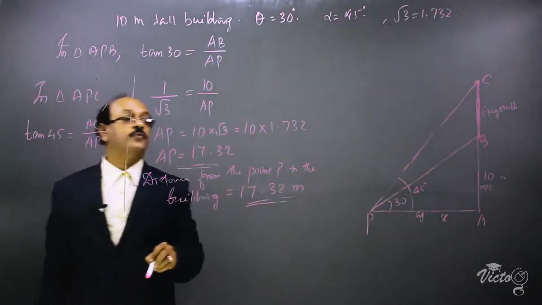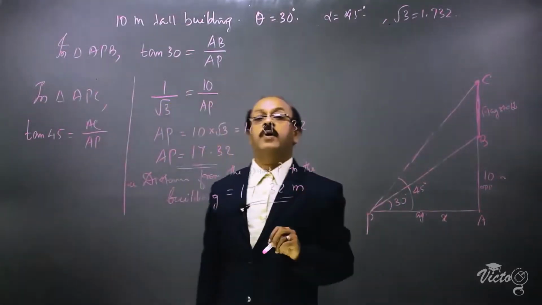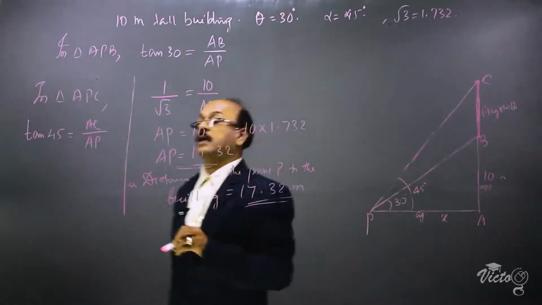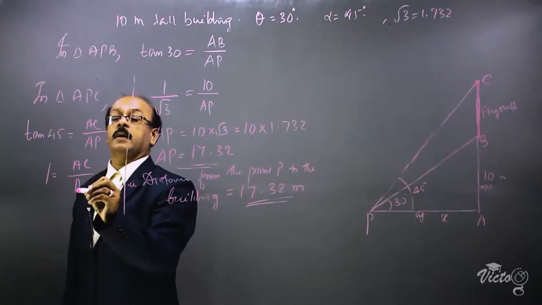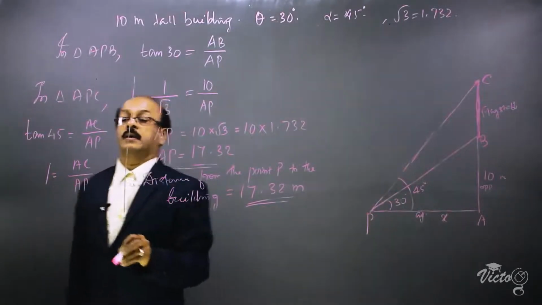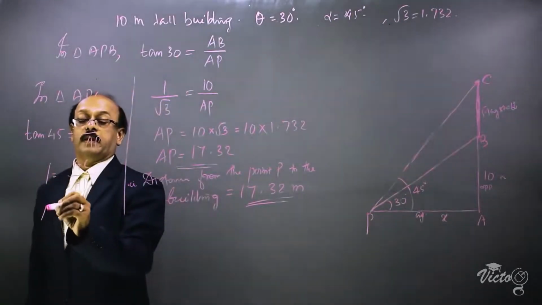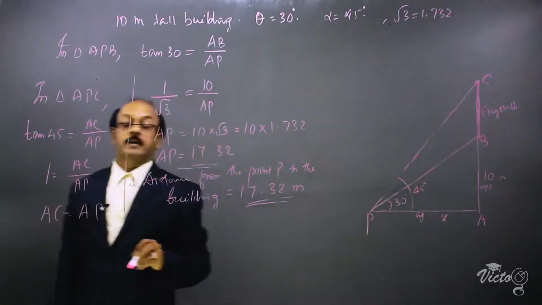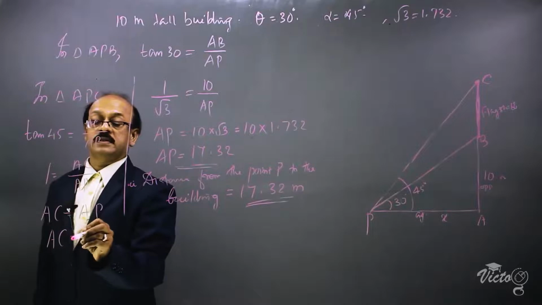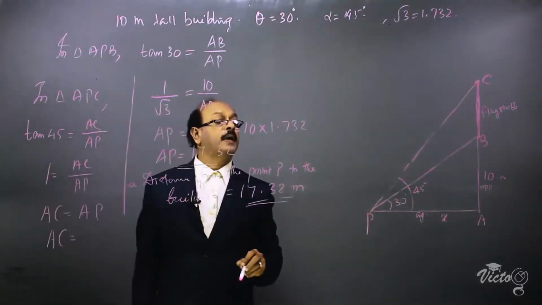Now, tan 45, remember the value of tan 45. Tan 45 is 1 itself. 1 is equal to AC divided by AP. Now, cross multiplying, AC is equal to AP.